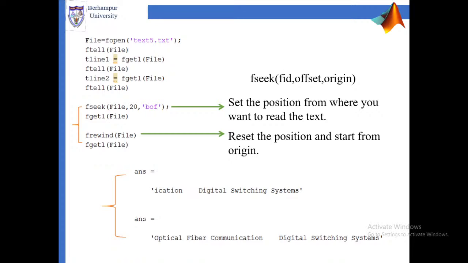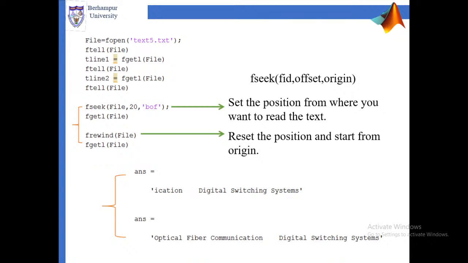Now if I use the seek command, fseek(file, 20, 'bof'), you have understood what is meant by it. File is for the file, 20 is 20 characters, BOF is from the beginning of the file.